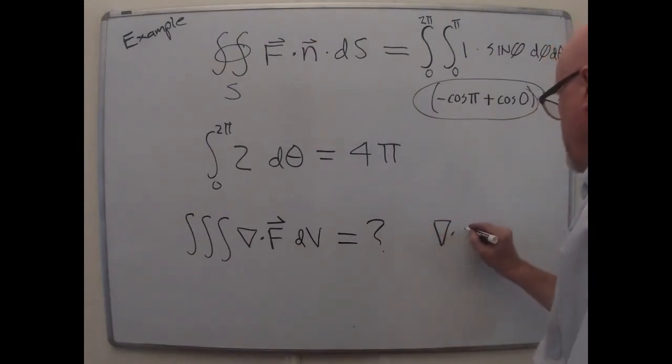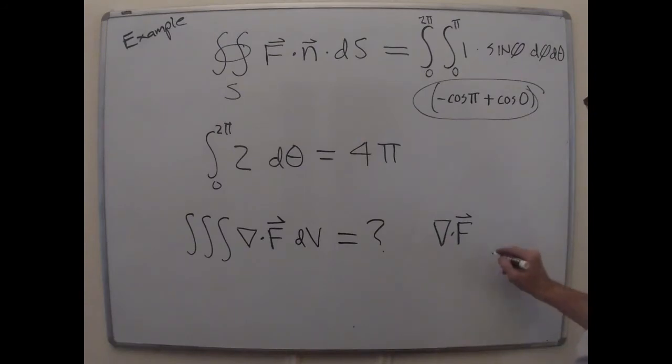Del dot f, remember the field was x, y, z, so the x derivative of it is 1, and the y derivative of the y coordinate is 1, and the z derivative of the z coordinate is 1. So del dot f is equal to 3.